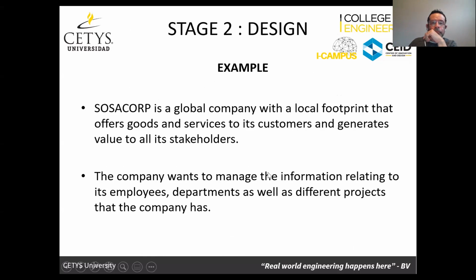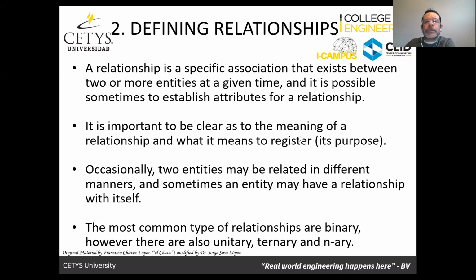And so, for example, I'm going to put the whiteboard here. Just as an example, I'm going to keep with the example of the university. So the entities were students, professors, courses, and classrooms, I think it was.